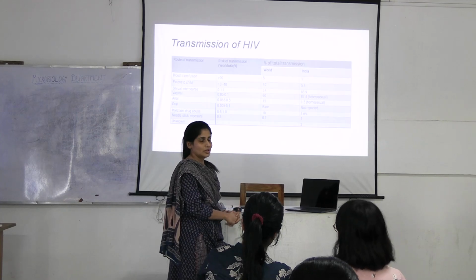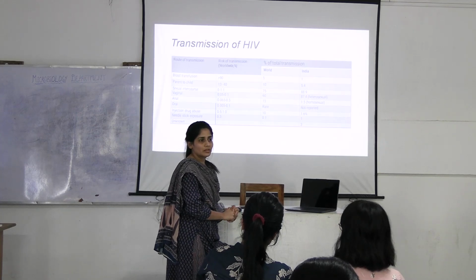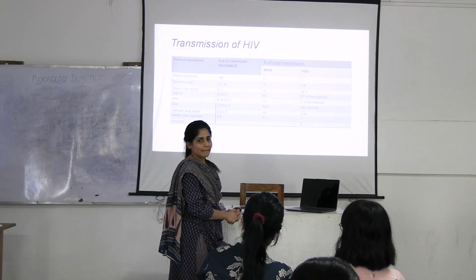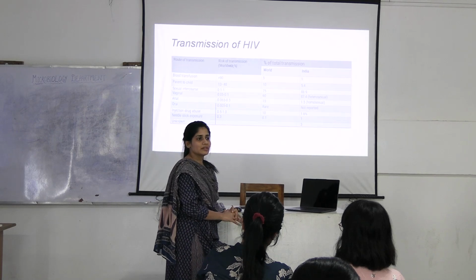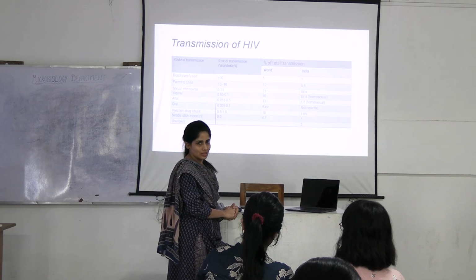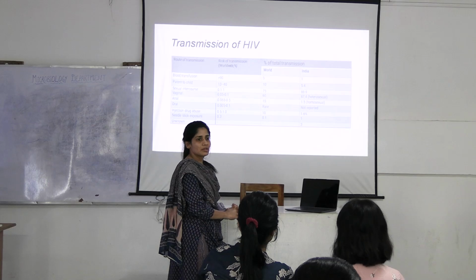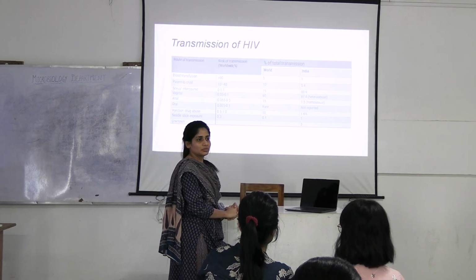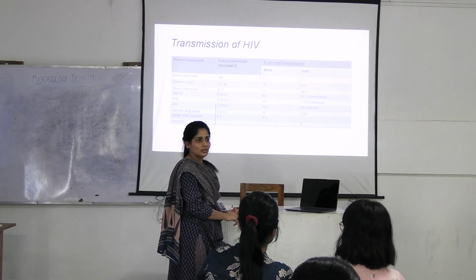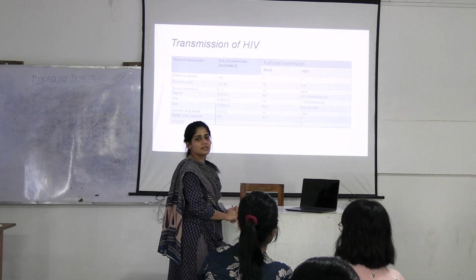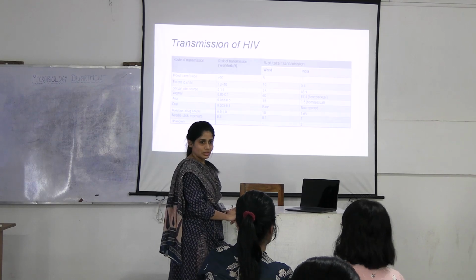Okay, that's the first. Also, along with this, as a healthcare worker, what should you do? You should get vaccinated for hepatitis B. Okay, how many doses? 3 doses at 0, 1 and 6 month intervals. Okay.